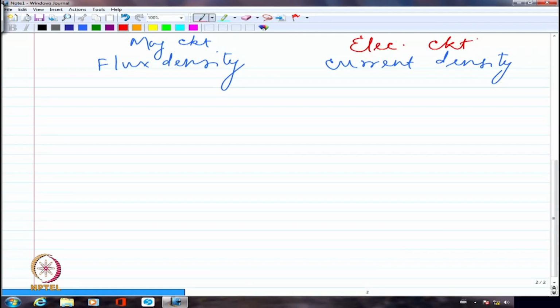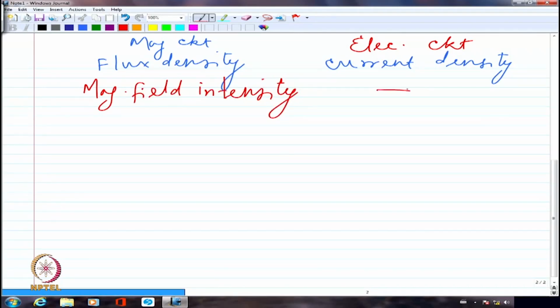For magnetic field intensity there is no corresponding quantity, although one of your classmates mentioned that electric field is volt per meter, so we should be able to say that as an equivalent quantity. Invariably, we talk about electric field only in electrostatics, hardly ever when we talk about current electricity.